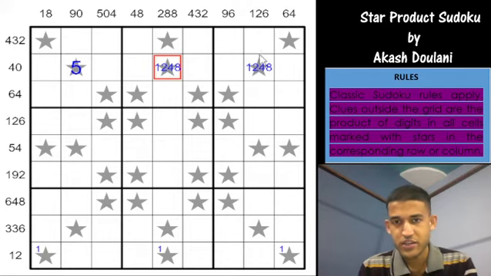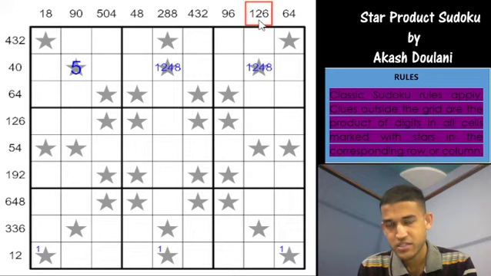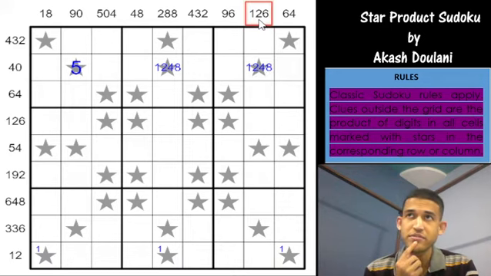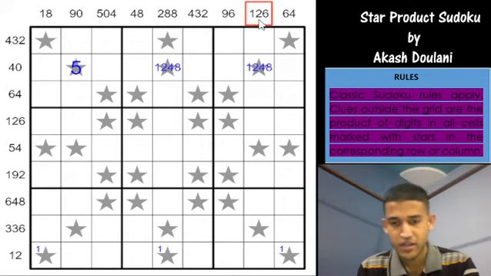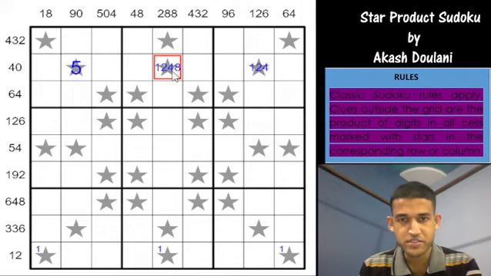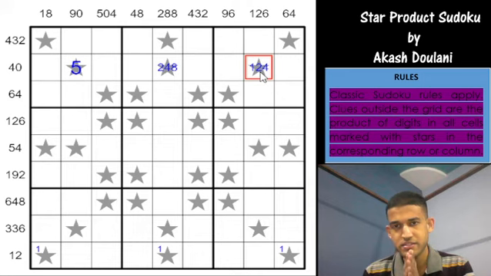Okay, I think we can remove the 8 from here, because 8 is not a factor of 126. 126 divided by 8 is not going to be giving a whole number. So this is not an 8. So which means this is not a 1. So can I remove anything else? Is 4 a multiple of 126?